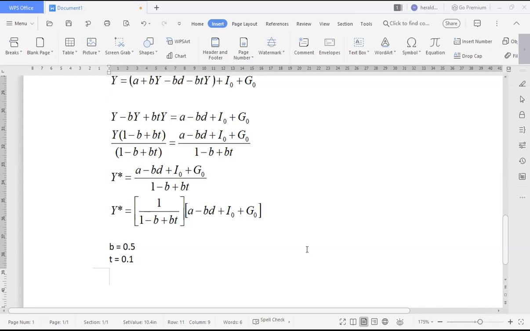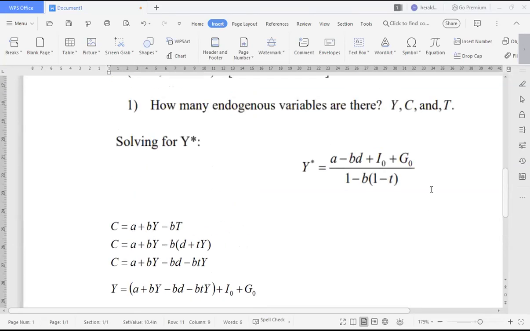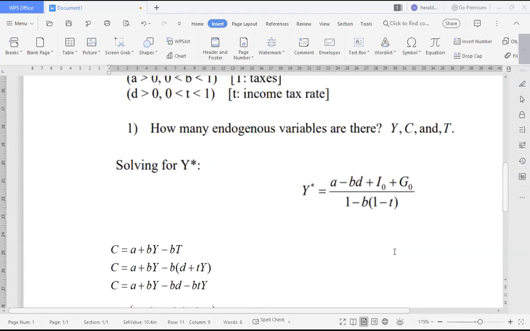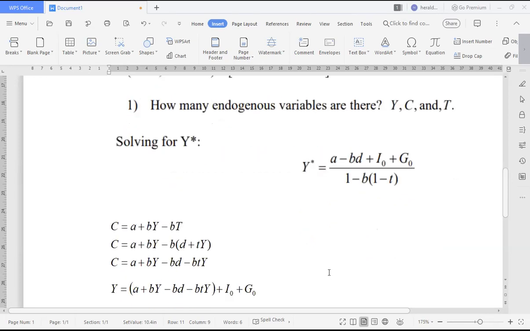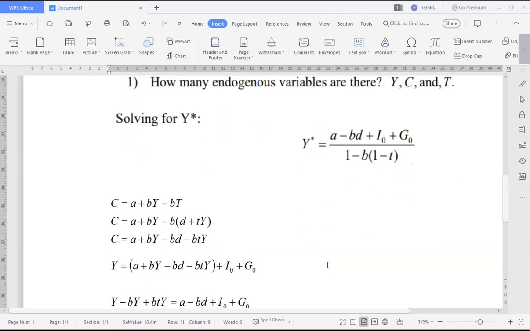No, ma'am. What I mean by substituting some values is for me to clarify if the answer that we got, y star is equal to A minus B, B plus T and so on, is equal to that equation. So I tried to check if it's the same by substituting some values. Okay.